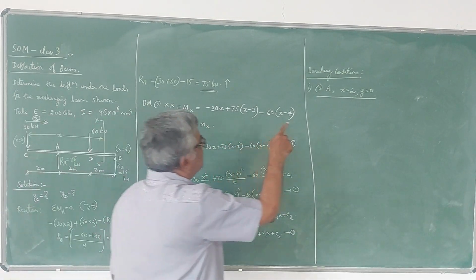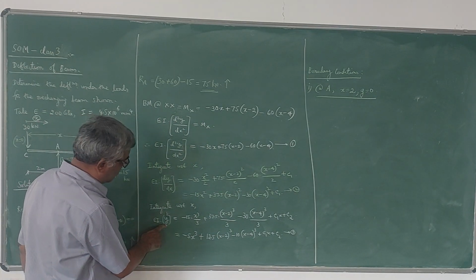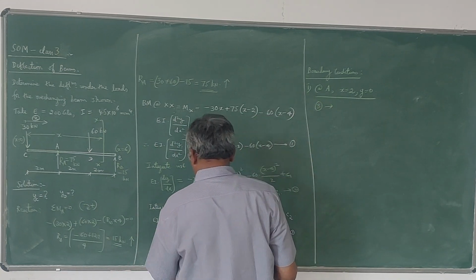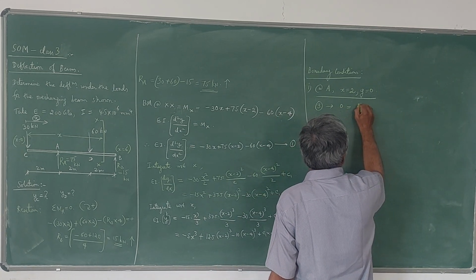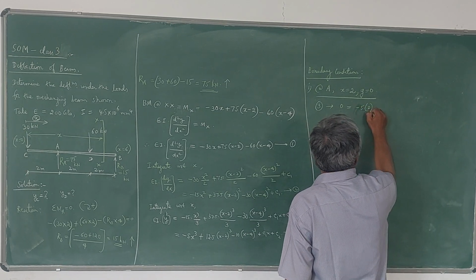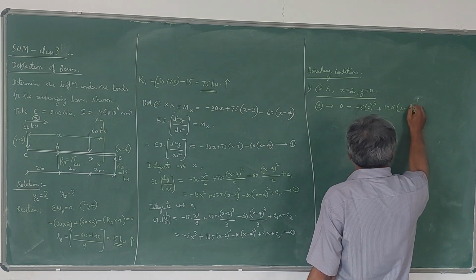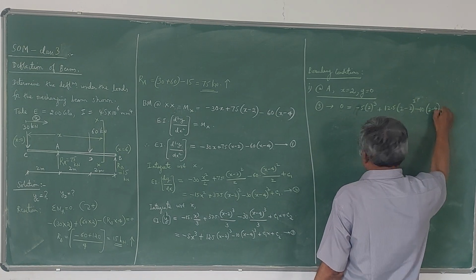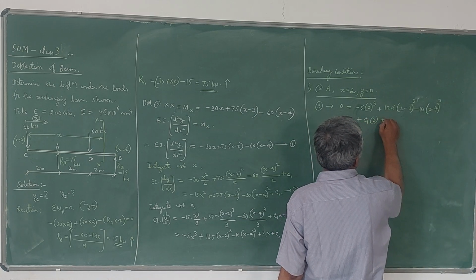So if you use equation 3, because deflection is 0, we know that. Substituting this in equation 3, your LHS becomes 0, EI into y is 0 here. So 0 is equal to minus 5 into 2 cube, plus 12.5 into 2 minus 2 whole cube, minus 10 into 2 minus 4 whole cube, plus c1 into 2, plus c2.